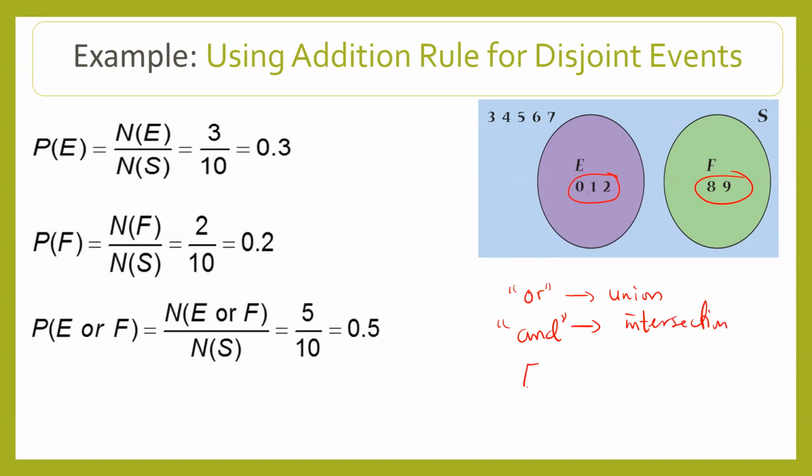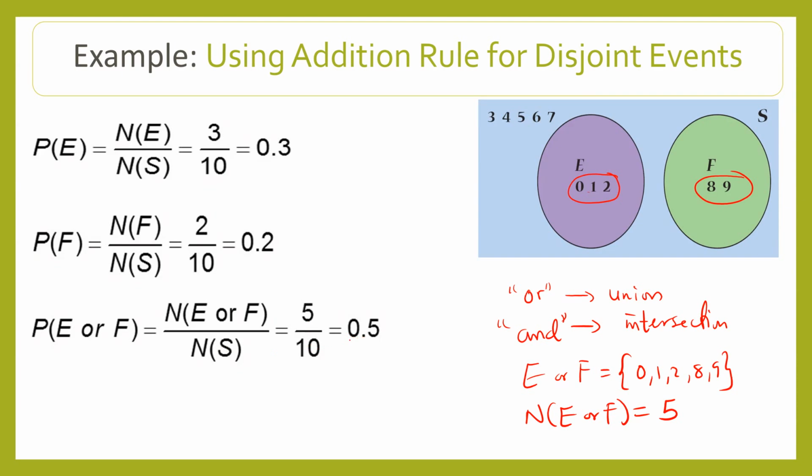So E or F is E union F, which is 0, 1, 2, 8, 9. That is the number of E or F, which gives us 5. If we divide it by the number of S, which is 10, we get 5 over 10, which is 0.5.